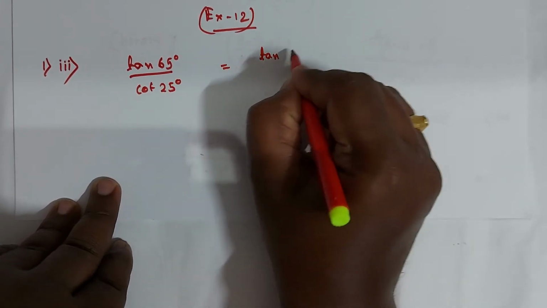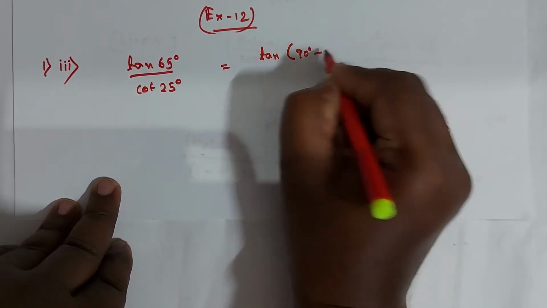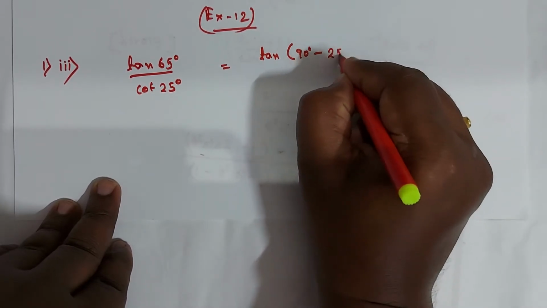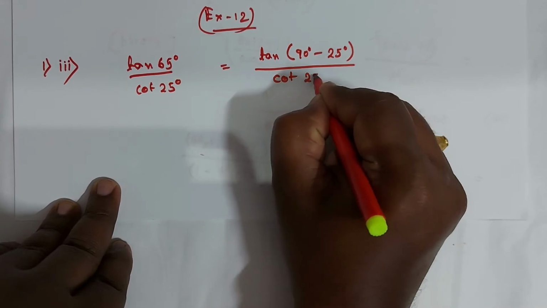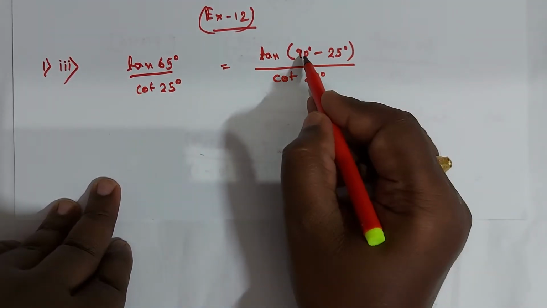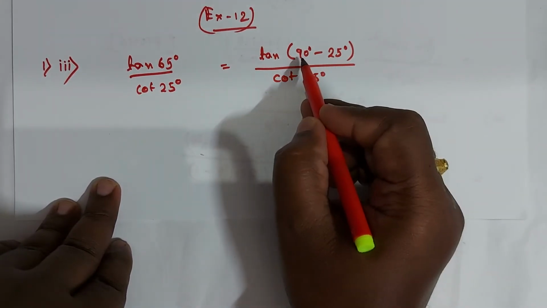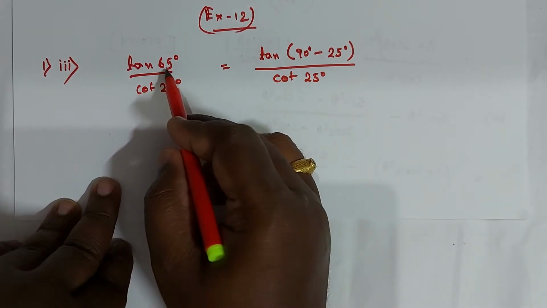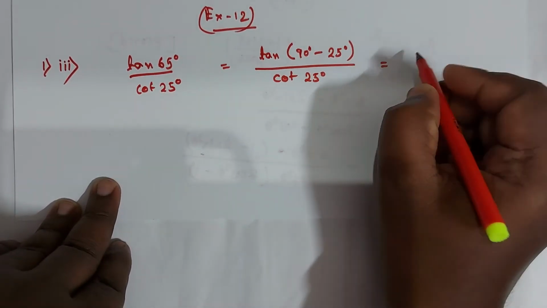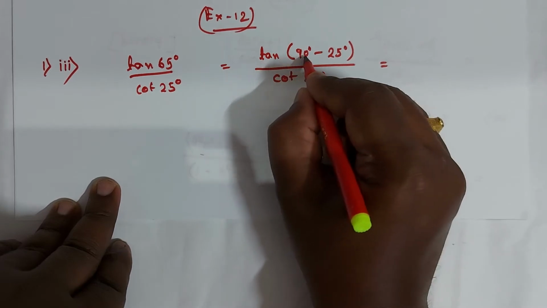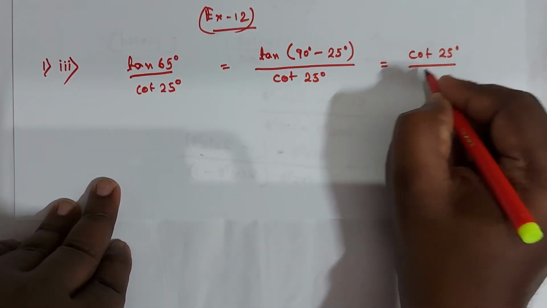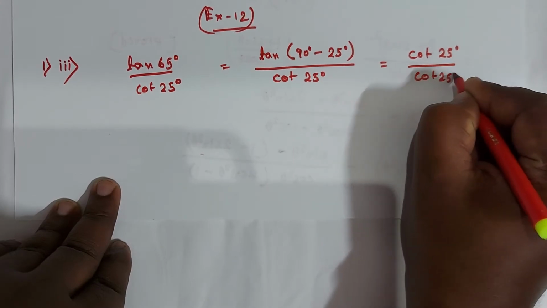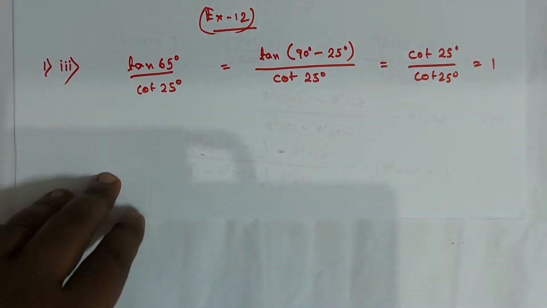So tan of 90 degree minus 25 degree by cot of 25 degree. Look here, if I subtract 25 degree from 90 degree, we get 65 degree, isn't it? So then it is tan of 90 minus theta, that is cot theta, that is cot of 25 degree by cot of 25 degree. So it will be 1.